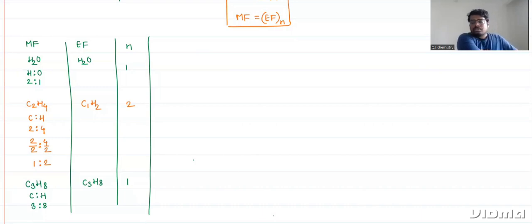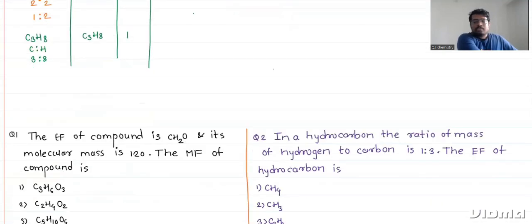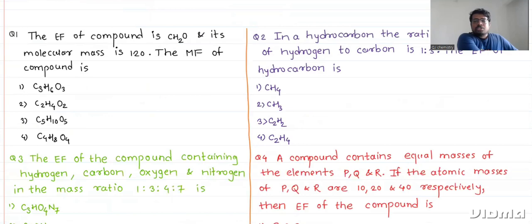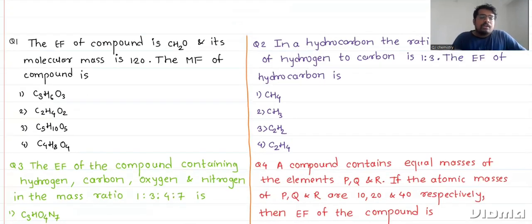Now let us solve some questions based on empirical and molecular formula. The first question: the empirical formula of a compound is CH2O and its molecular mass is 120. The molecular formula of the compound is?